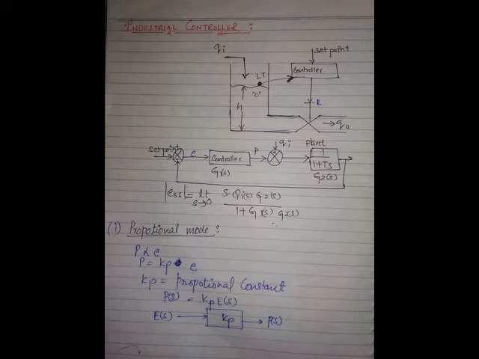Now listen here. When you reduce the width of the proportional band, what is proportional band? It is a band of errors where every value of error has a unique value of controller output. As the width of the proportional band reduces, यहाँ पे जो error की quantities हैं, they will not change.